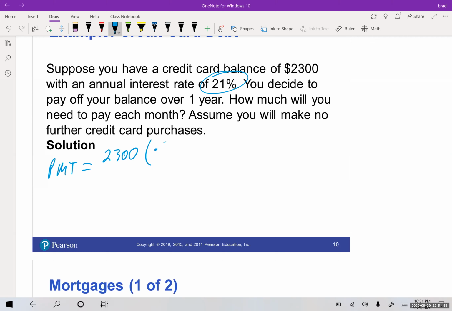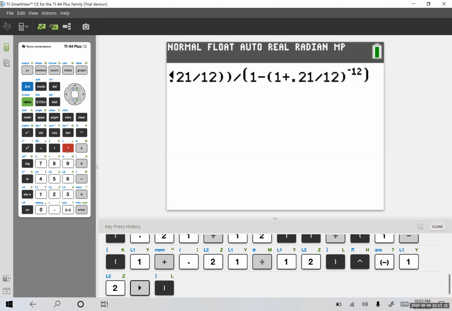So that's the whole numerator, divided by open parentheses 1 minus parentheses 1 plus 0.21 divided by 12. And this time I don't actually need parentheses around that because of PEMDAS, to the power of negative 12. Bring this down, close parentheses, and I think we're good.